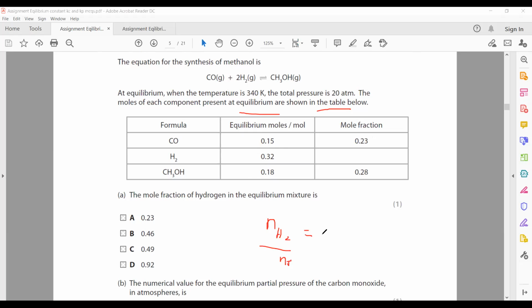The number of moles of hydrogen is 0.32. The total number of moles is 0.15 plus 0.32 plus 0.18. So 0.49, or C, will be the answer.